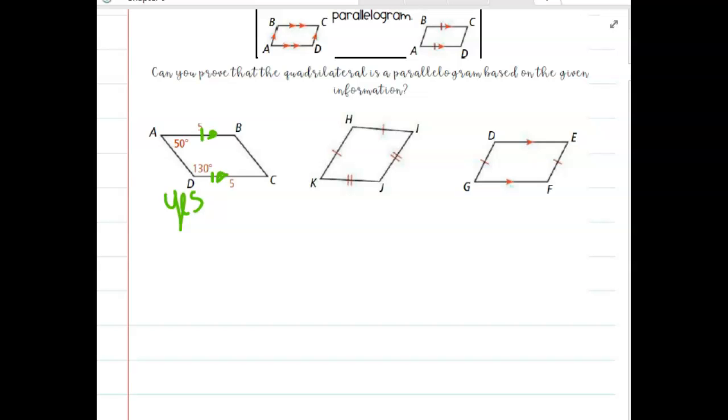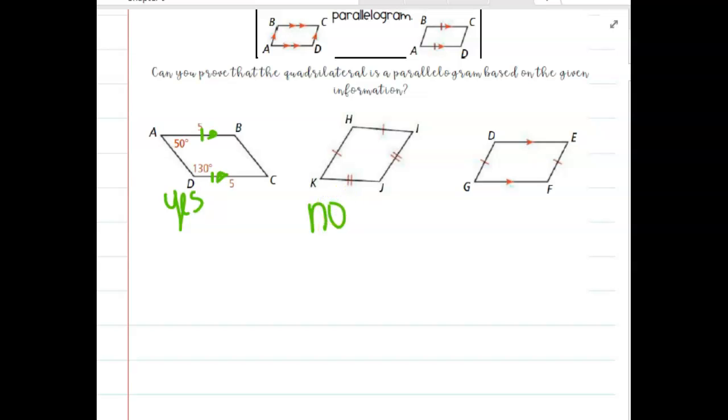Is this picture showing me that opposite sides are congruent? No. These are, you could call them, consecutive sides. If we were going to say this is congruent by that first theorem, it would have to be this side congruent to this side, and it's not. And this side congruent to this side. So this one we'd have to say no. Not enough information there.